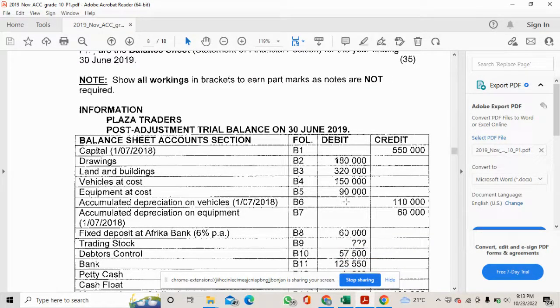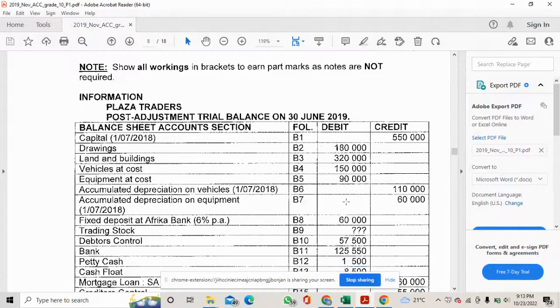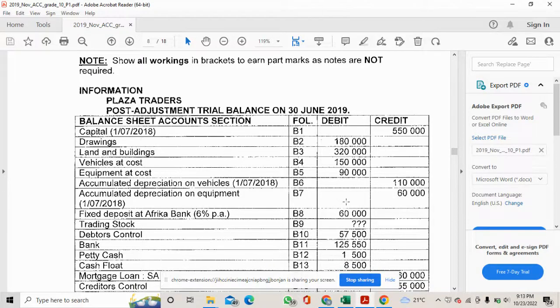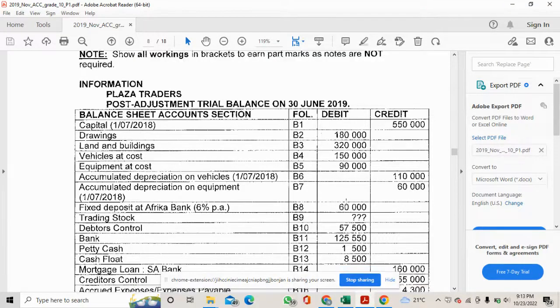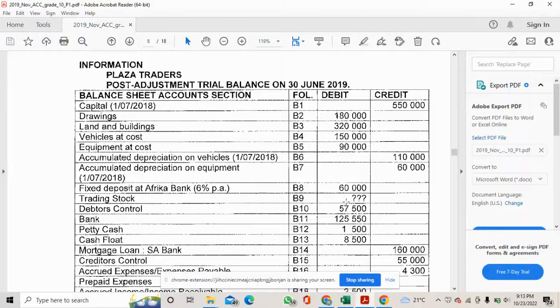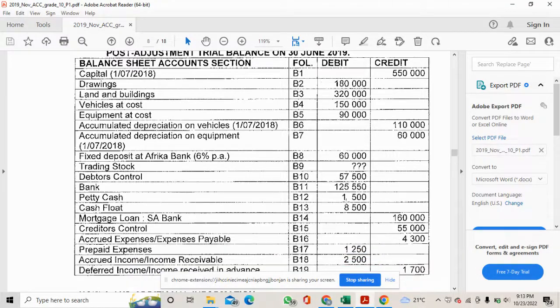We are given the post adjustment trial balance. The post adjustment trial balance means that this trial balance was prepared after taking the adjustments into account. So that is why we have the post adjustment trial balance, and then we have the balance sheet section. In this case, we only have the balance sheet section.